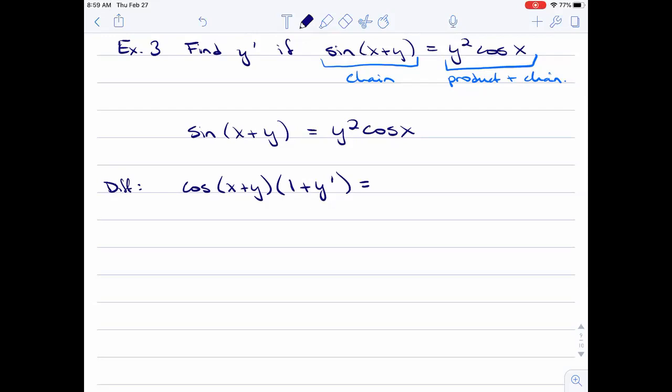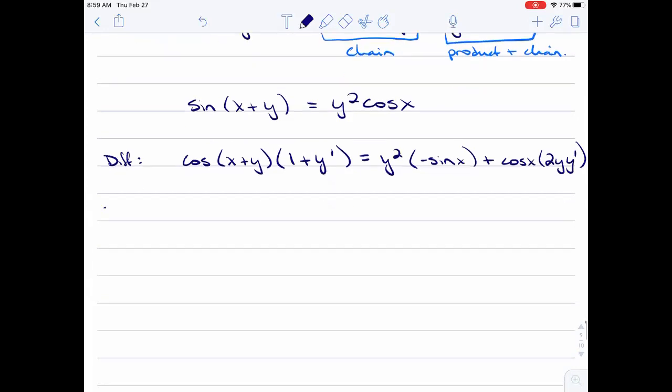And so if we leave y squared alone and take the derivative of cos x, we get negative sine x, plus leave cos x alone, and the derivative of y squared, we've already seen, is 2y times y prime. So that's the derivative. Now we can simplify.